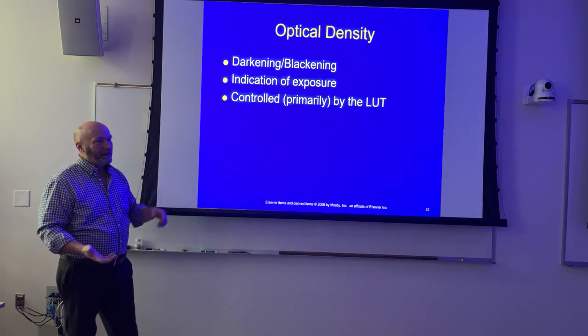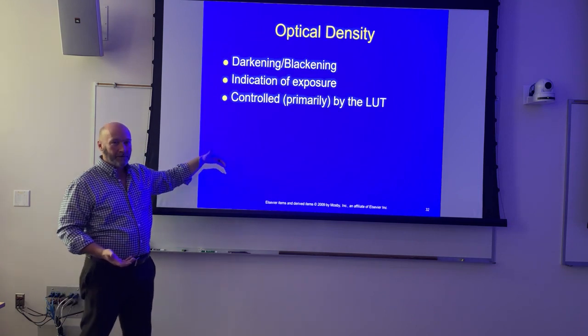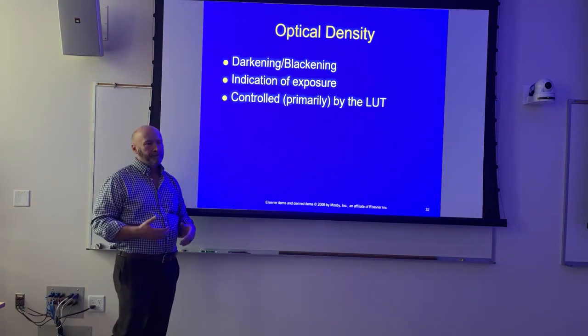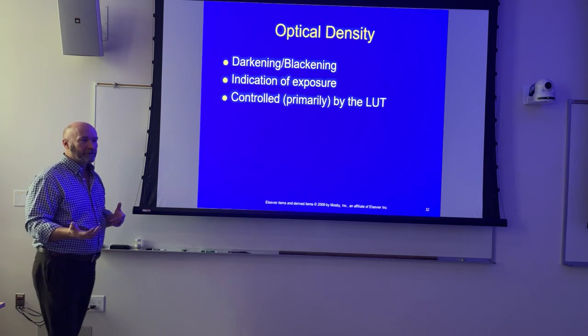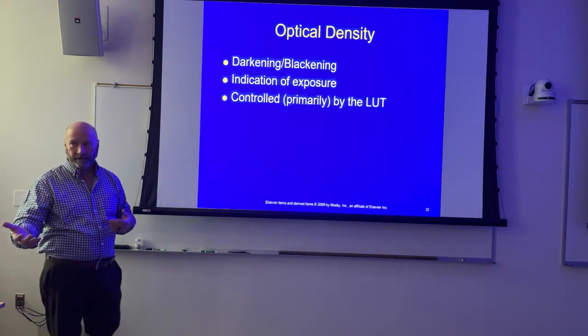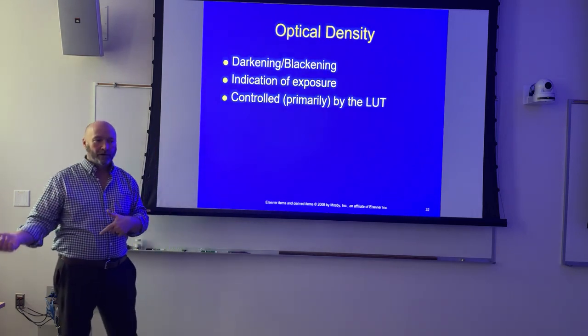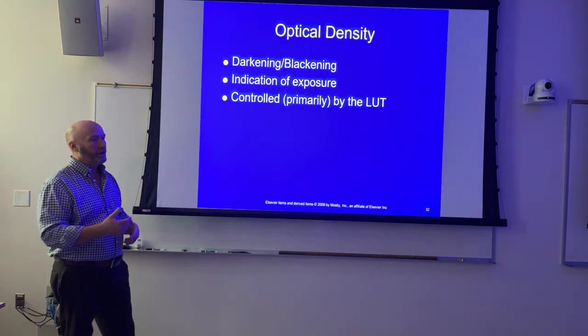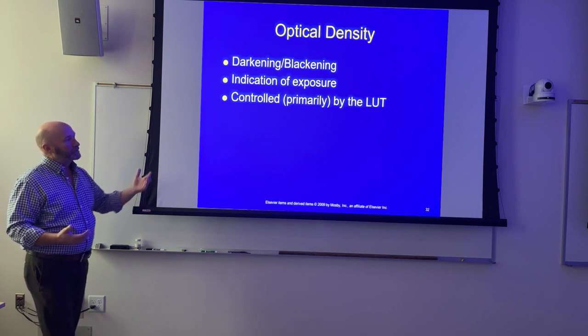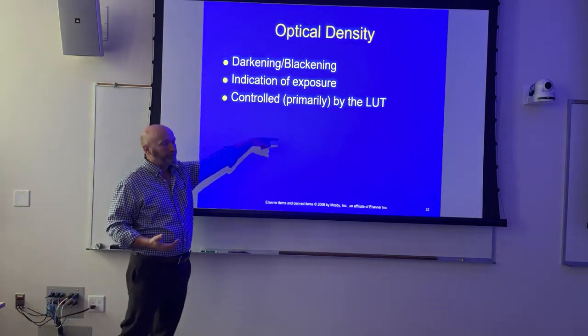So in that way, the computer algorithm controls your contrast and density, and sometimes it doesn't do you any favors. You have to give it good information or it's going to give you back bad information, right? You give it garbage, it's going to give you back garbage. So it controls the lookup table.